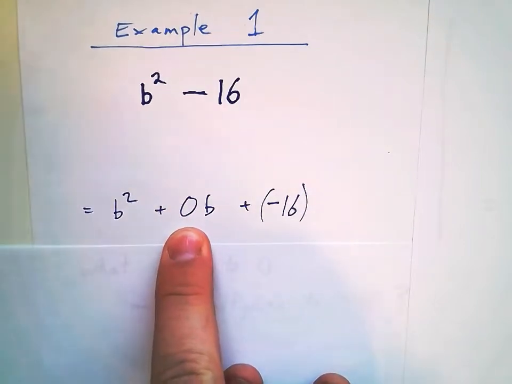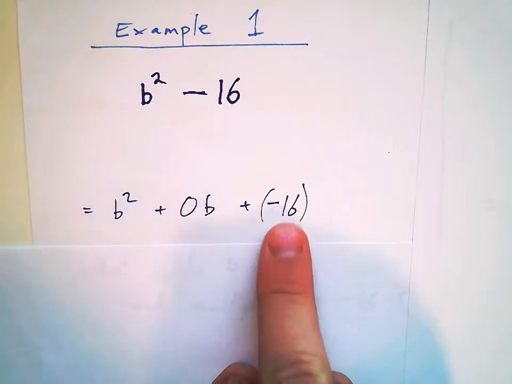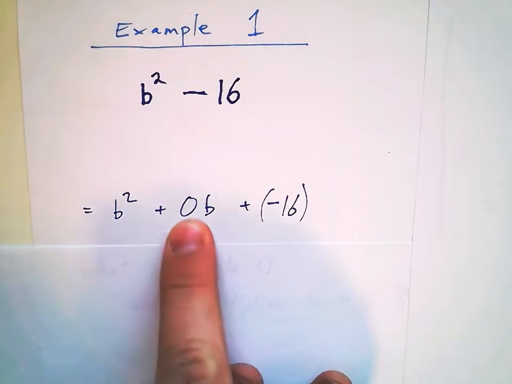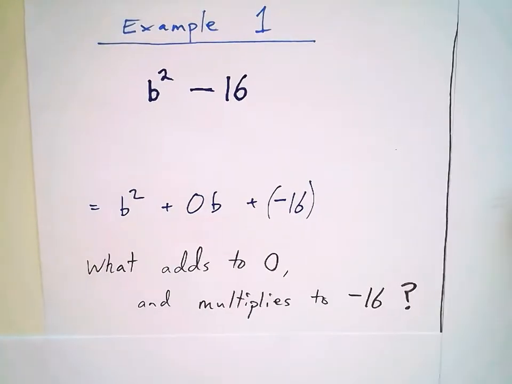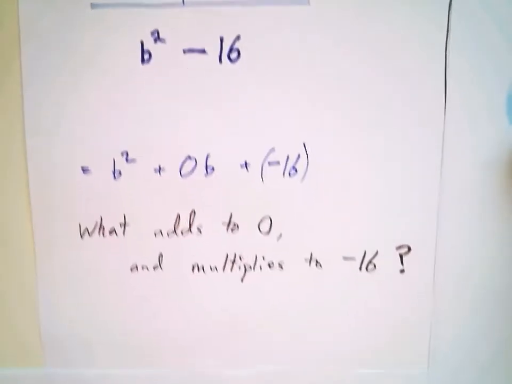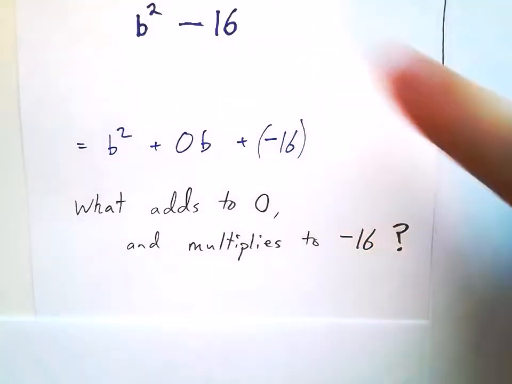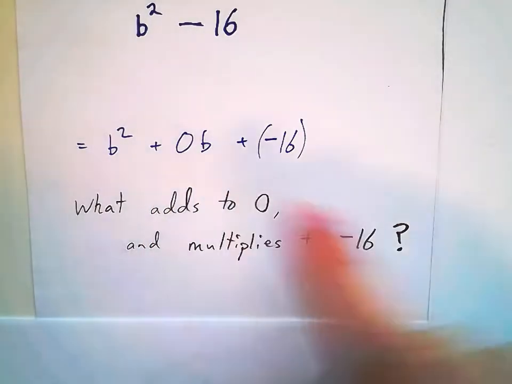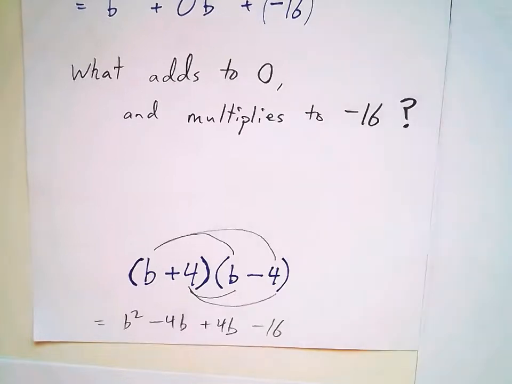There's no b in the middle there. So we're really finding what multiplies to negative 16 and adds to 0. Well, 4 times negative 4 would be negative 16, and 4 plus negative 4 would be 0. So that is going to be my answer right here.